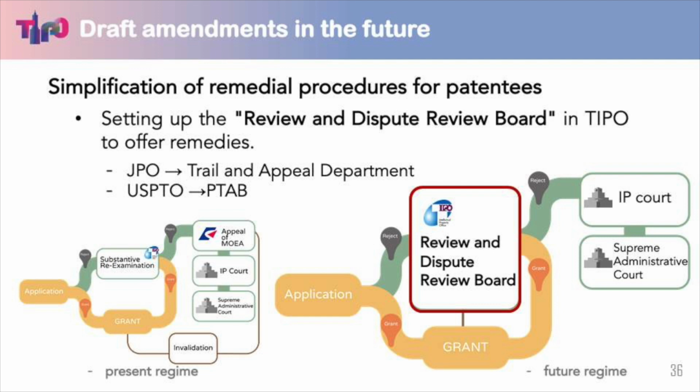This new organization will be like the Trial and Appeal Department in JPO and PTAB in USPTO. And this new review board will be responsible for re-examination, appeal, and invalidation in the future.